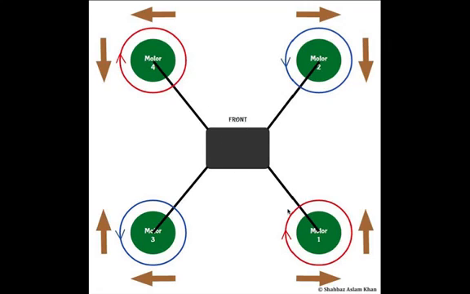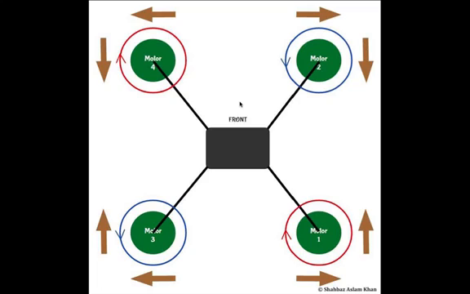What happens is this arrow and this arrow, these forces become much bigger compared to this arrow and this arrow. So the quadcopter then spins anti-clockwise. Now for clockwise rotation, you increase the speeds of motor number 2 and 3 compared to motor number 1 and 4. That is how the quadcopter will spin clockwise.